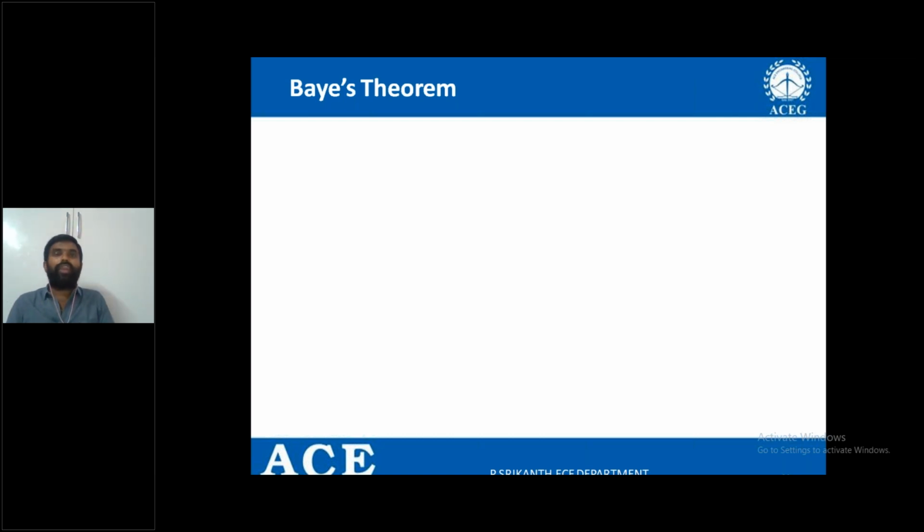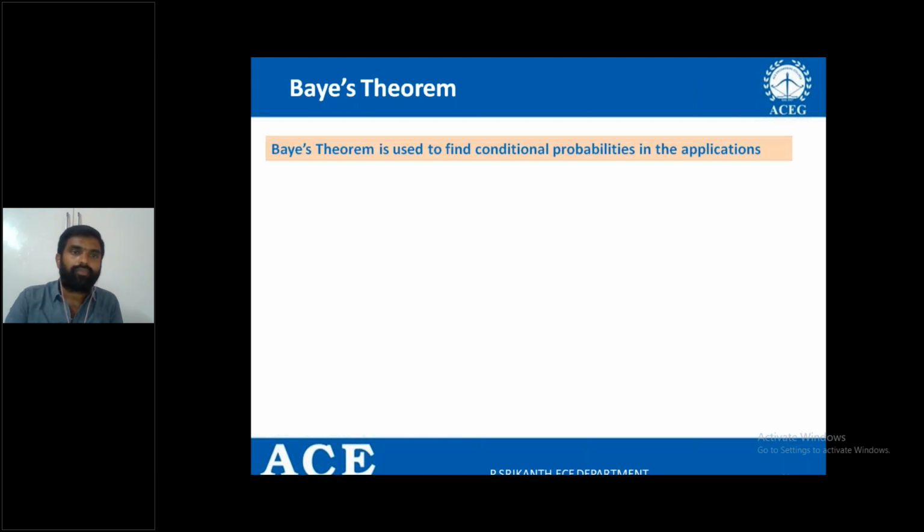There we take the help of Bayes theorem, which is used to find the conditional probabilities in the applications, right? For example, conditional probability, which we have just studied.